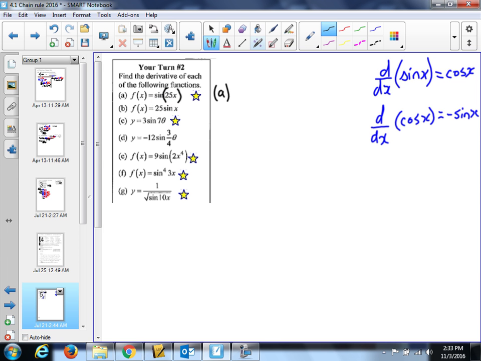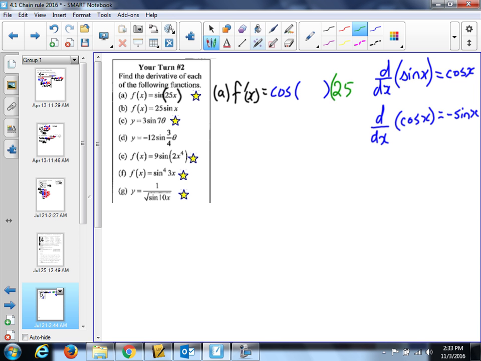So I'm going to say for A, f prime of x is equal to the derivative of the outside function, leave the inside alone. What's the outside function? It's sine, right? So the derivative of that is cosine of whatever, we're going to leave it alone, times the derivative of the inside function. What's the derivative of the inside function? 25.